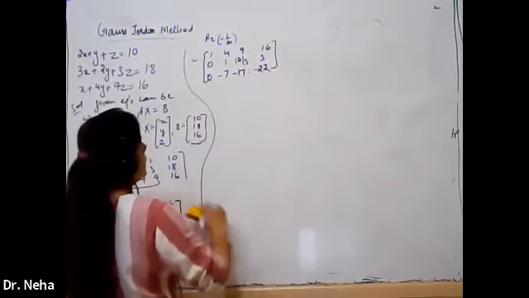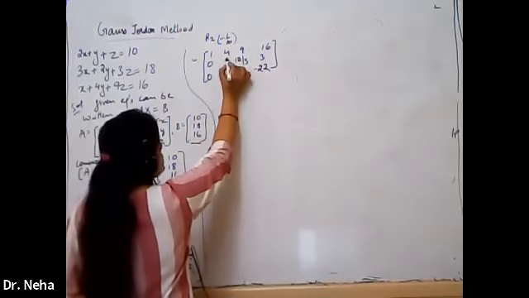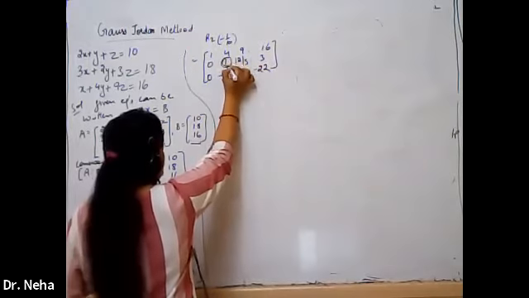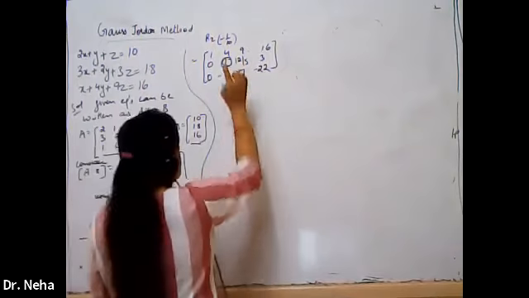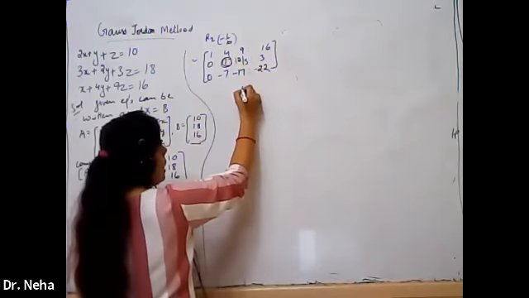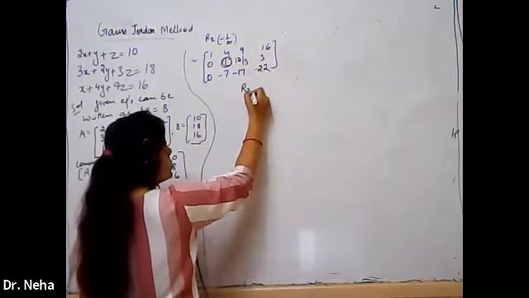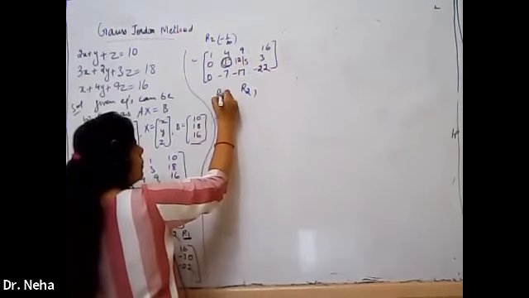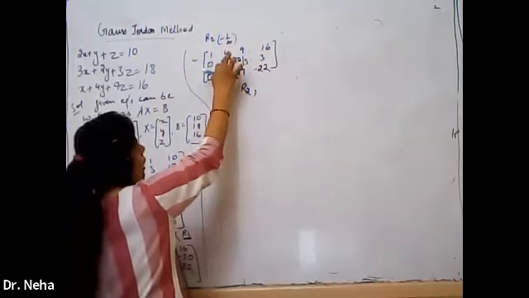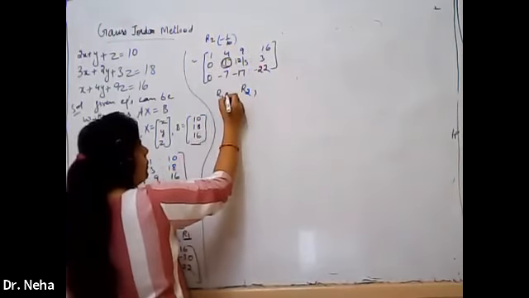So the second diagonal is 1 now. Now using R2, make the upper and the lower element 0. Using R2, that means R2 will be at the second position and we have to make R1 0. R1 will be at the first position. Both are of the same sign, so there will be minus.